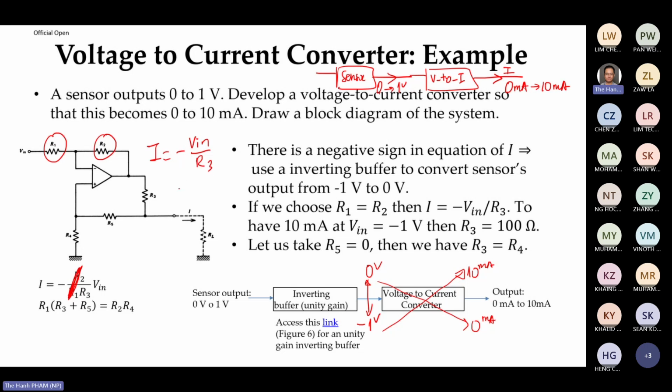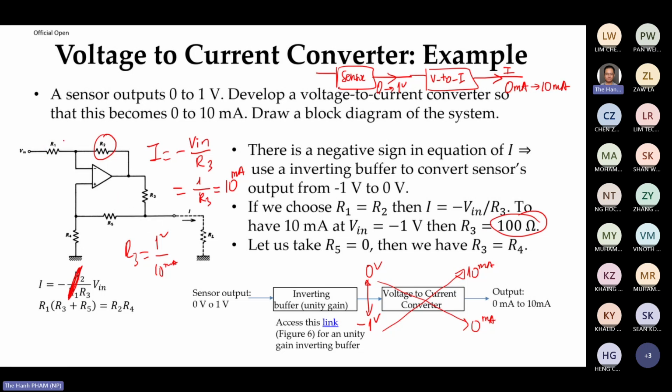So when the V in is minus 1, here you have 1 over R3, and this one is 10 milliampere. Correct? Because V in is minus 1. So from here, your R3 should be 1 volt over 10 milliampere. This gives you 100 ohm.